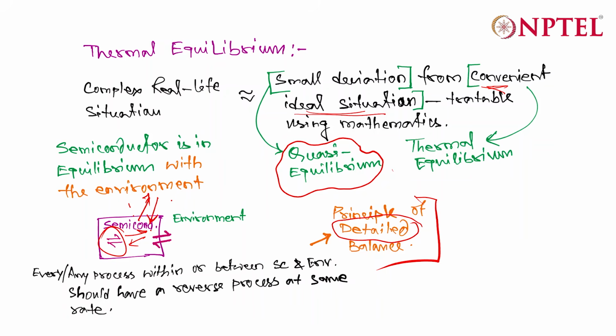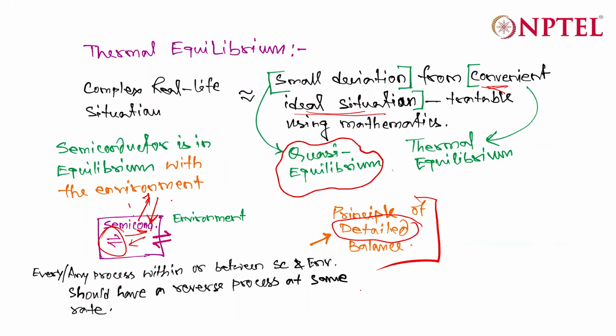So I repeat, in case of equilibrium, there are many processes associated with a semiconductor, but if the semiconductor is in equilibrium, there will be a reverse process at the same rate. Now, one thing one should understand is that in equilibrium there might be a lot of processes going on.